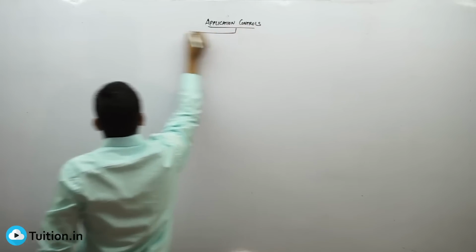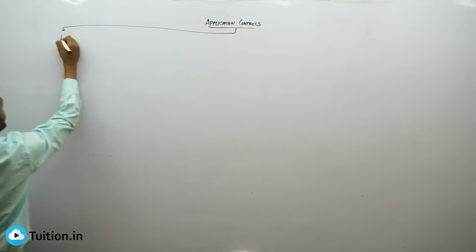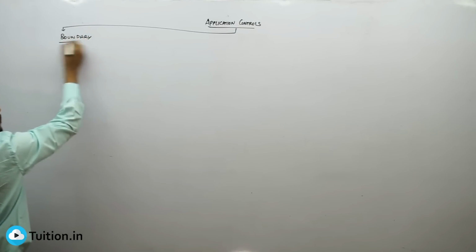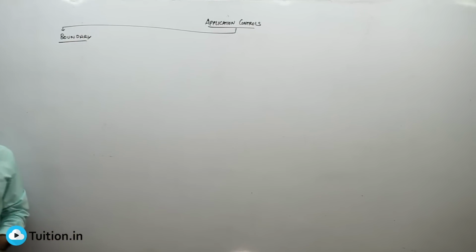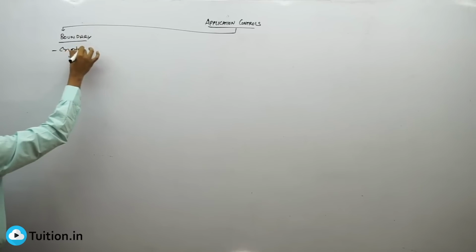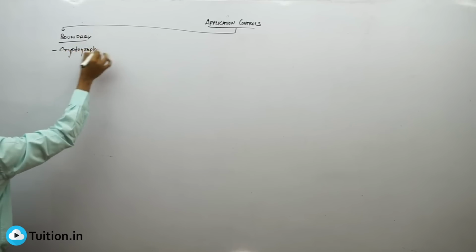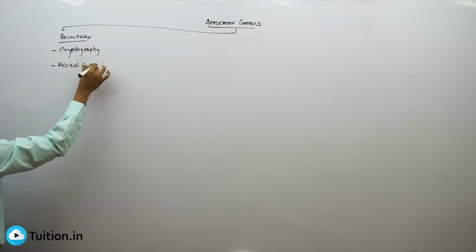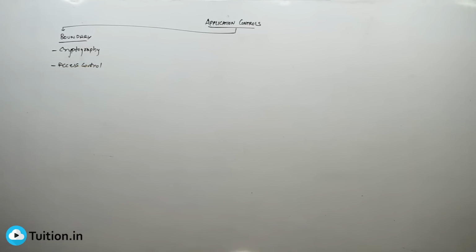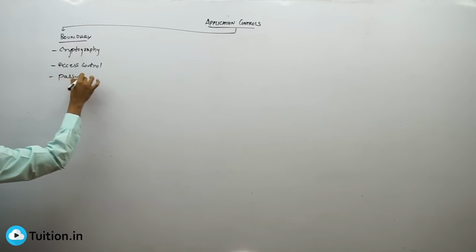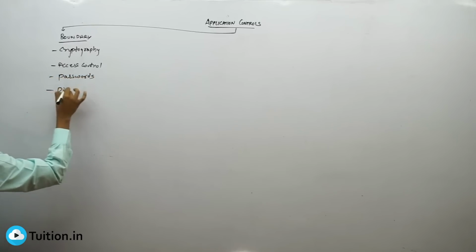So what is it dealing with in application controls? Here it's talking about boundary controls first of all. What are boundary controls? It's talking about access control mechanisms. So we have cryptography, access control, then passwords, digital signatures.